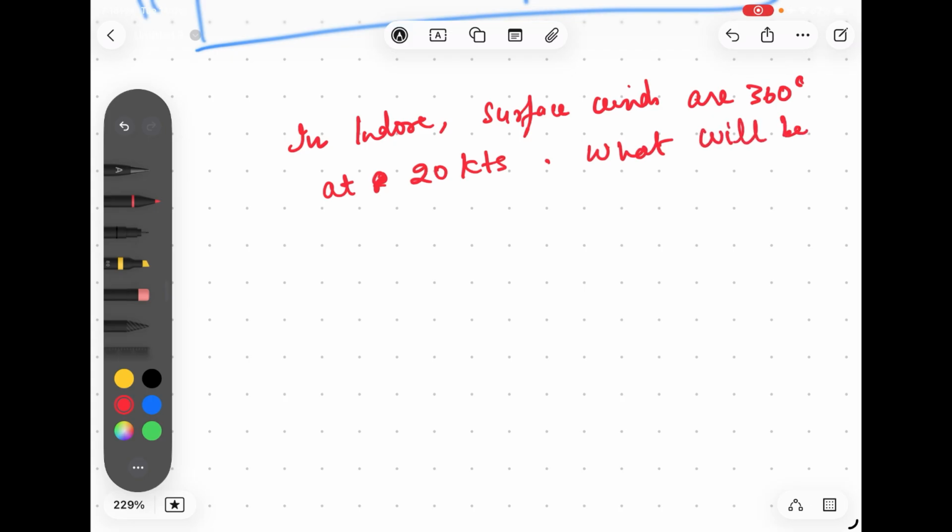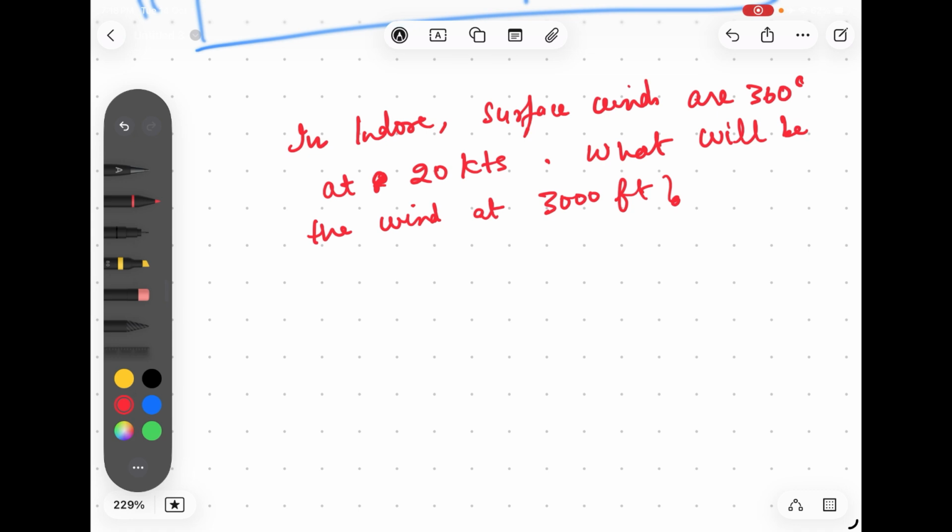What will be the wind at maybe 3,000 feet, 4,000, anything you could take? Now surface wind is given. The question is asking about the scenario of winds above the friction layer, because friction is a very low layer, right? So 3000, 4000, 5000 feet is above the friction layer, and we know that the speed at 3000 feet would be higher as it is above the friction layer.